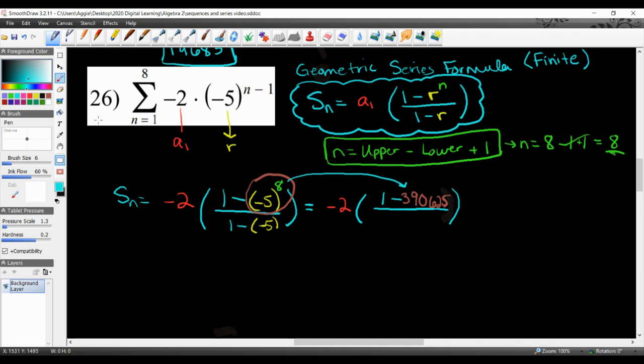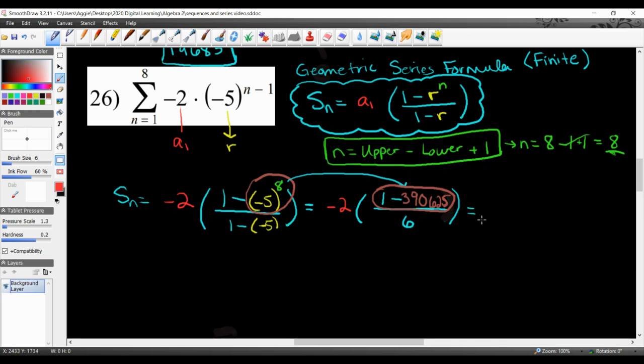The bottom I can also work with because I can see that this is just a simple subtraction. So those two minuses turn into a positive. So I actually have 1 plus 5, which is 6, okay? From here, I'm going to subtract 1 minus all this.